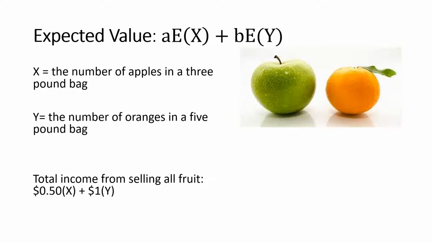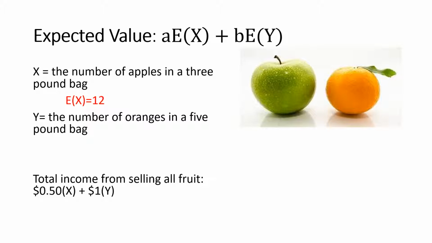Because the linear combination a times x plus b times y is a random variable itself, we can calculate its expected value, which we do by taking a times the expected value of x plus b times the expected value of y. In our example, x was the number of apples in a 3-pound bag, and that random variable would have some sort of expected value. Here we'll assume that expected value is 12.